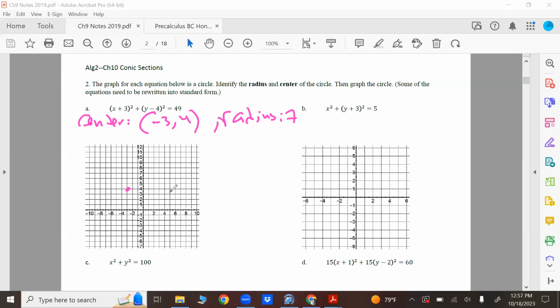You want to go 7 away. And by the way, when you graph it, just to be safe, go 7 left, 7 right, 7 up, 7 down from the center. That's good enough. You don't have to do more than 4 extra points. It's not necessary, unless you're a total perfectionist.